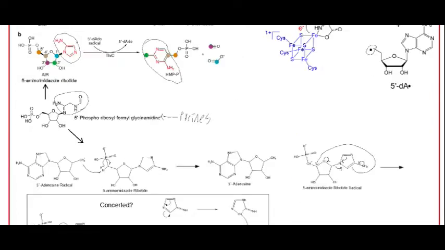So this is our 5' adenosine radical. This is our 5-aminoimidazole ribotide. So that is this species up here. And so I'm showing this with the radical already generated here.